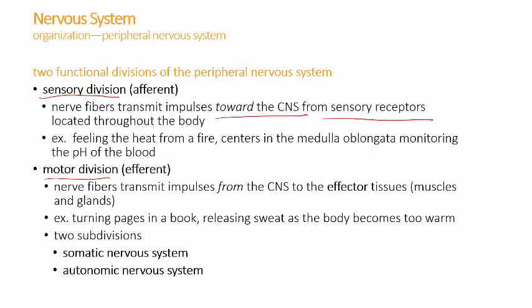For instance, if you hold your hand over a candle and you're feeling the heat, that is information being carried along afferent nerves that are bringing information toward the central nervous system. As well, centers in the medulla oblongata are busy noticing pH in your blood.